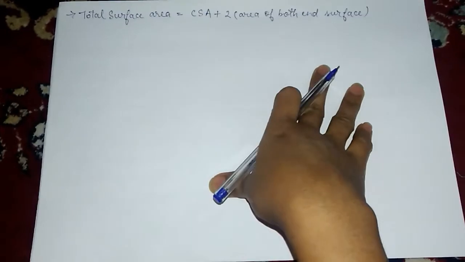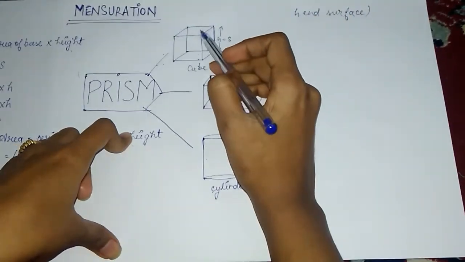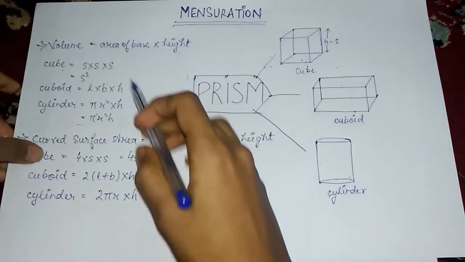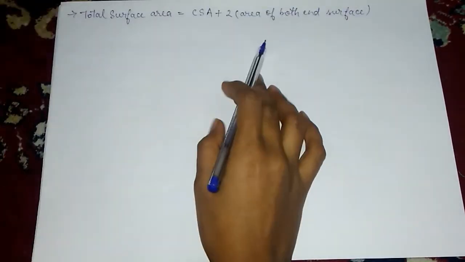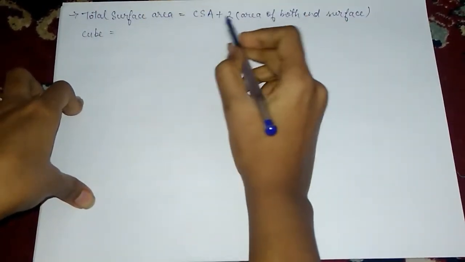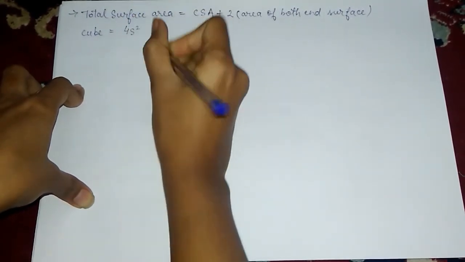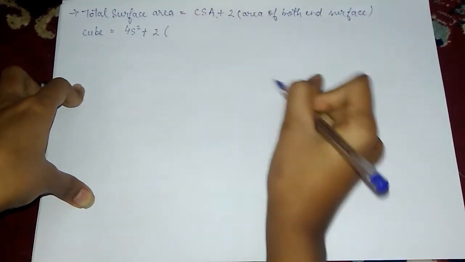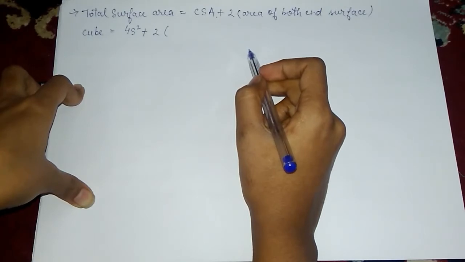Okay, like here. Top, area of top and bottom. Till now we were taking the area of only base, but now we'll take area of top also. So first figure is cube. Curved surface area of cube was 4 side square. So we'll add 2 into area of both end surface.